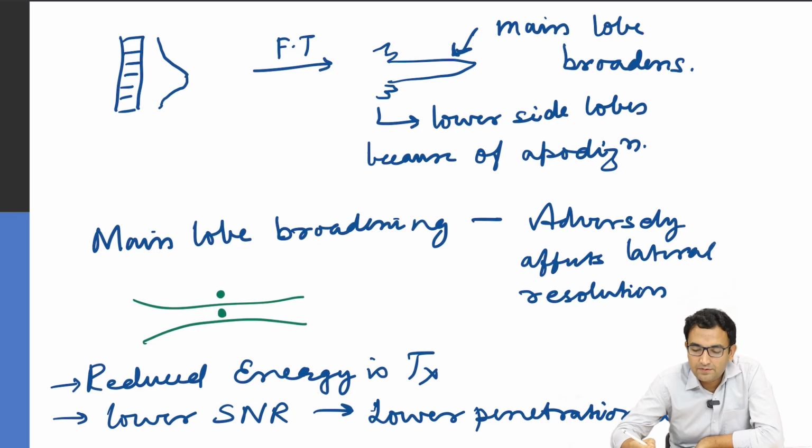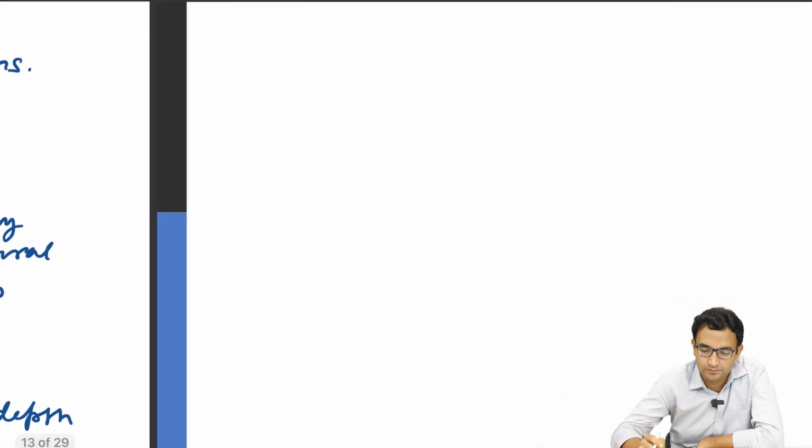So all these aspects have to be considered, but nonetheless apodization is used widely because of its ability to improve contrast resolution, and it sometimes dehazes the image if you go for apodization.